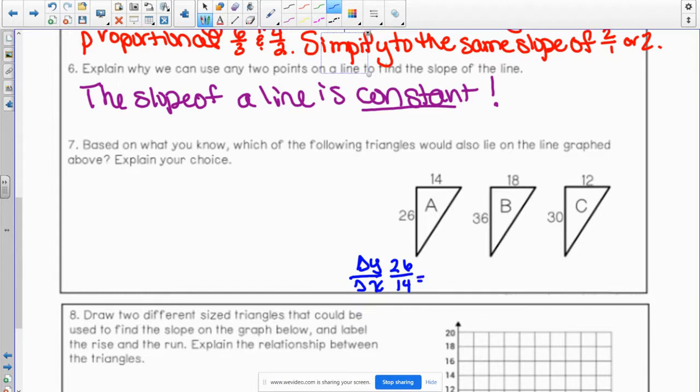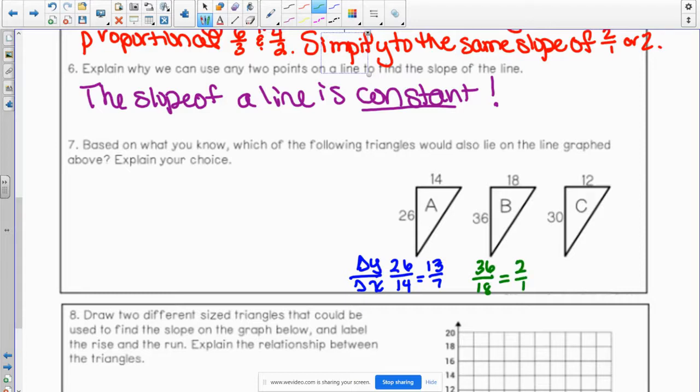If I divide both top and bottom by 2, it reduces to 13 sevenths, which is not the same as 2 over 1. If we try B here, 36 is your rise, or your change of the y's. So 36 over the run, or change of the x, would be 18. Divide both of those by 18 and you get 2 over 1.